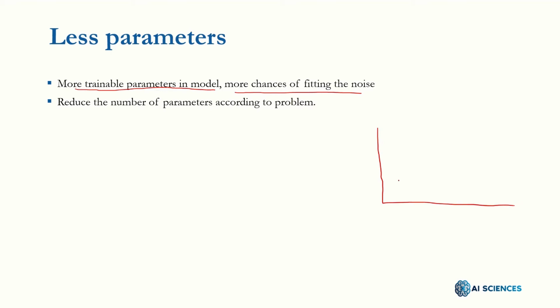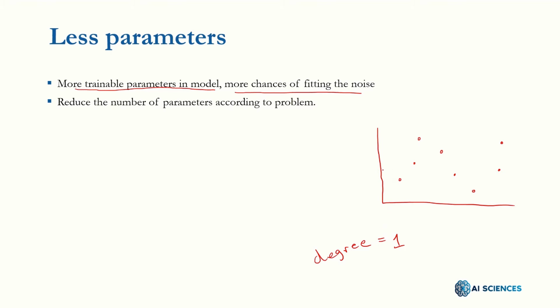Let's say we have a few data points over here, and we want to draw a polynomial which passes through these points, and we make the degree of the polynomial, let's say, 1. Degree is equal to 1. And if a polynomial has degree 1, it could only generate a straight line.